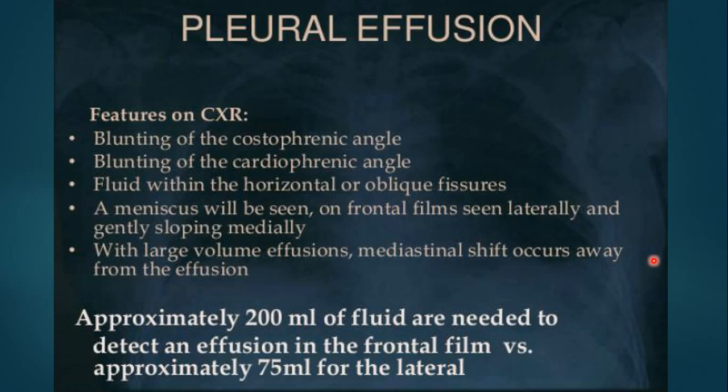Different textbooks have different values, but approximately it's 200 to 300 milliliter of fluid needed for the pleural effusion to be detected on the frontal erect films, while in the lateral erect films, you need as low as 75 milliliter of pleural effusion to detect, because you'll see the fluid accumulating in the posterior costophrenic angle. Okay, so if you are looking for pleural effusion, the lateral erect films are better than the frontal films.